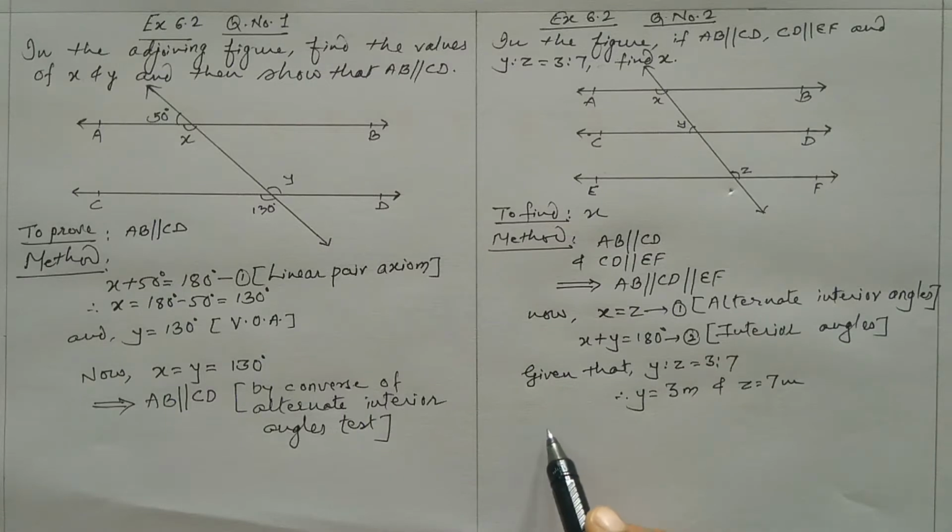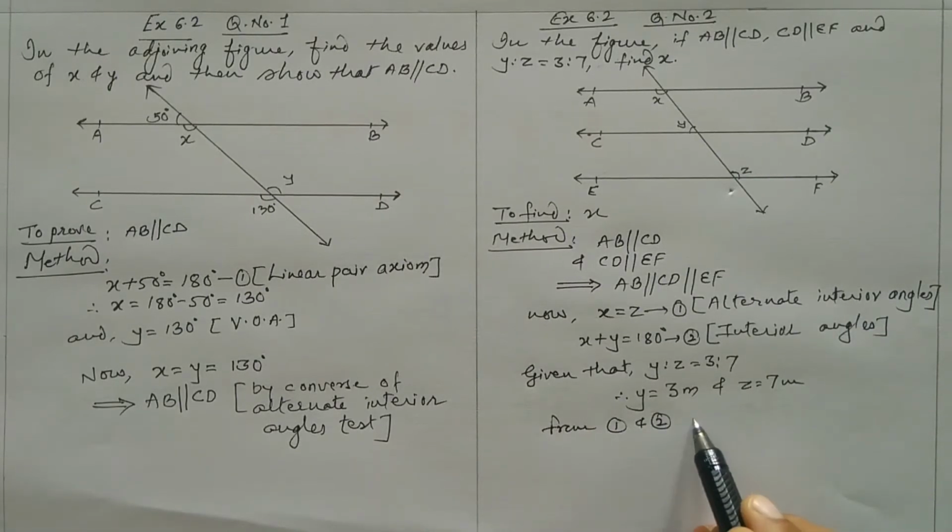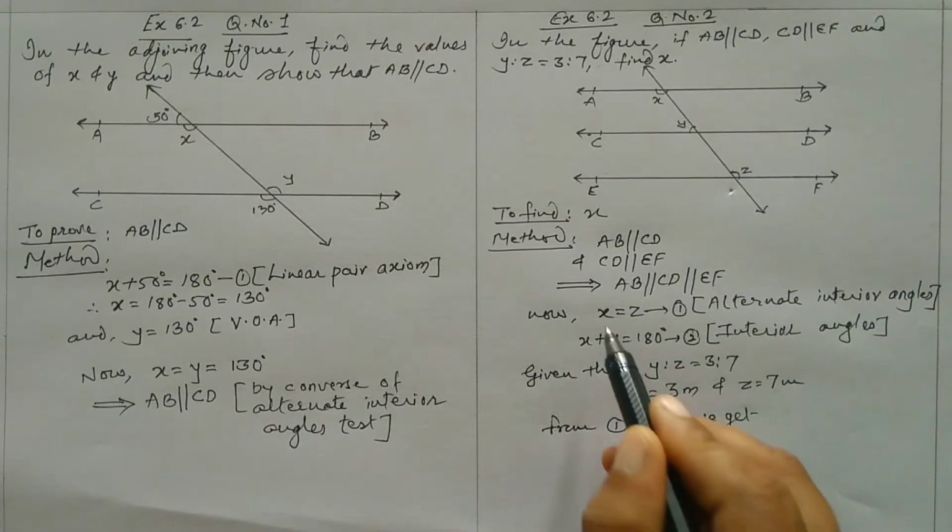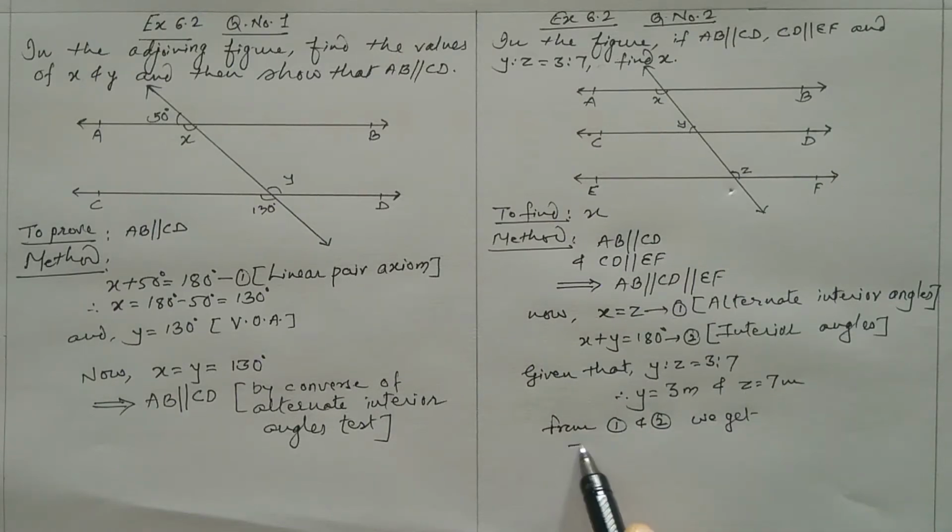So now from 1 and 2, we get x is equal to z, so z is equal to 7m, so we will write 7m plus y is equal to 3m is equal to 180 degrees. So therefore 10m is equal to 180 degrees. So therefore we got the value of m is equal to 18.